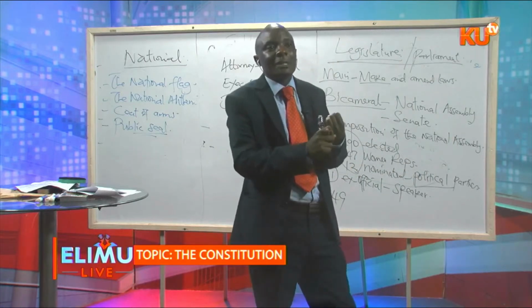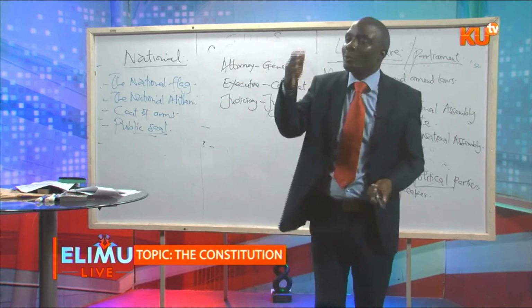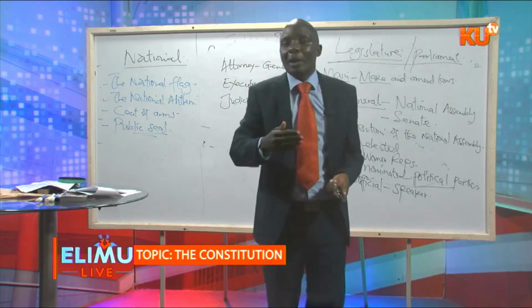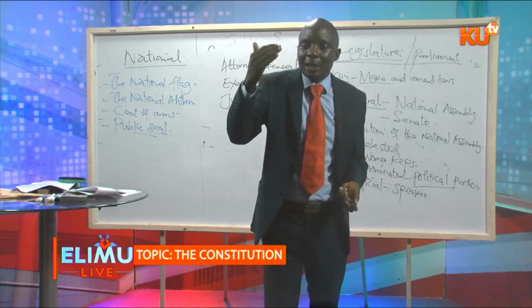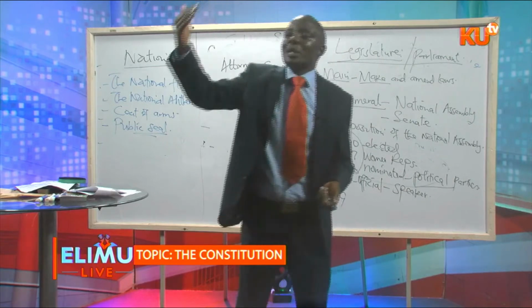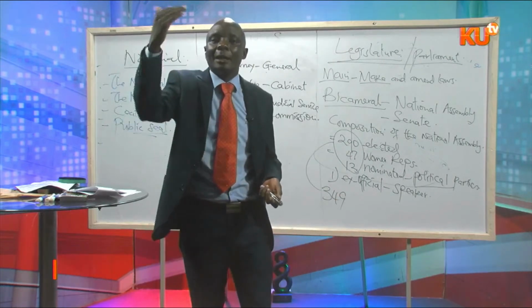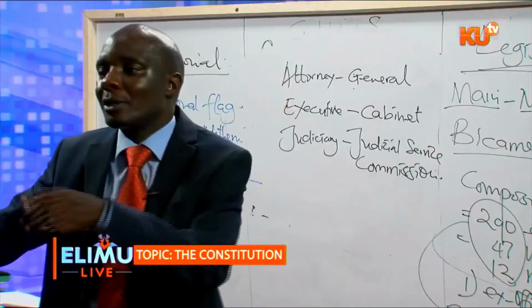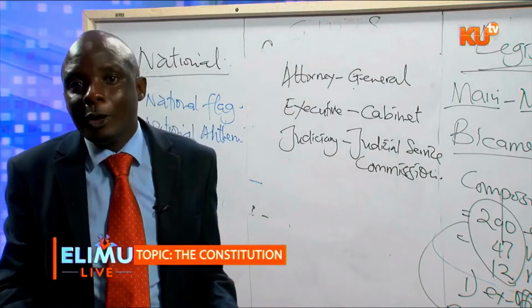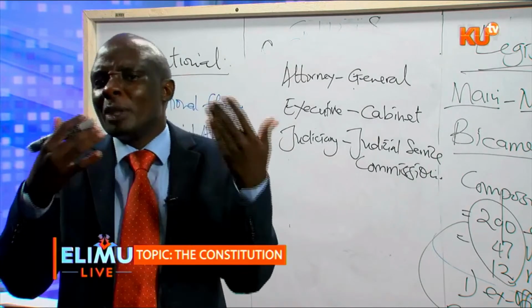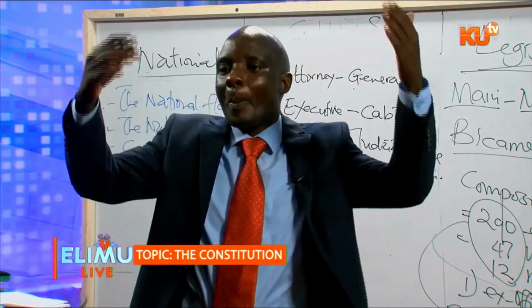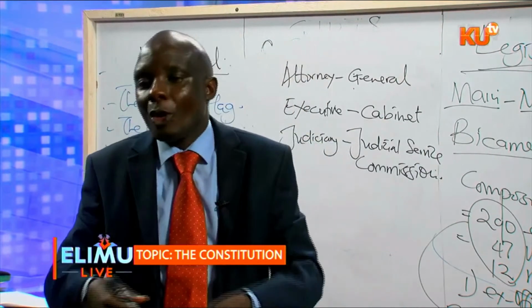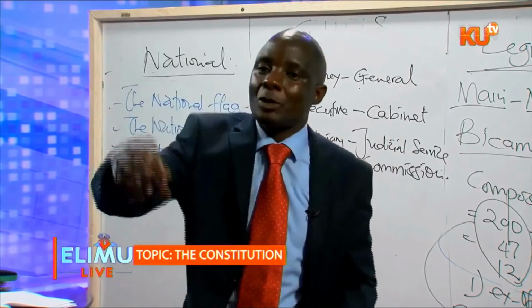Then after we register voters, we conduct nominations by political parties. One thing is very clear: you conduct the nominations, and after that you print the election materials. What I mean here is that there is no way you can print the ballot papers before you carry out nominations. What do I mean by nominations? You may find that political party A has attracted 20 or 10 candidates in a particular constituency.